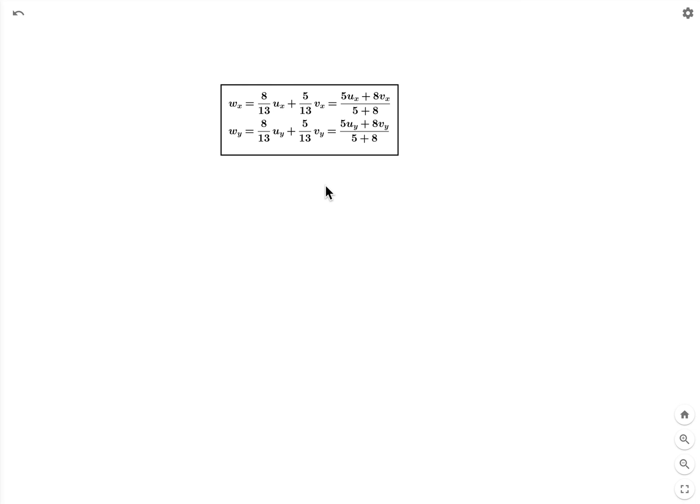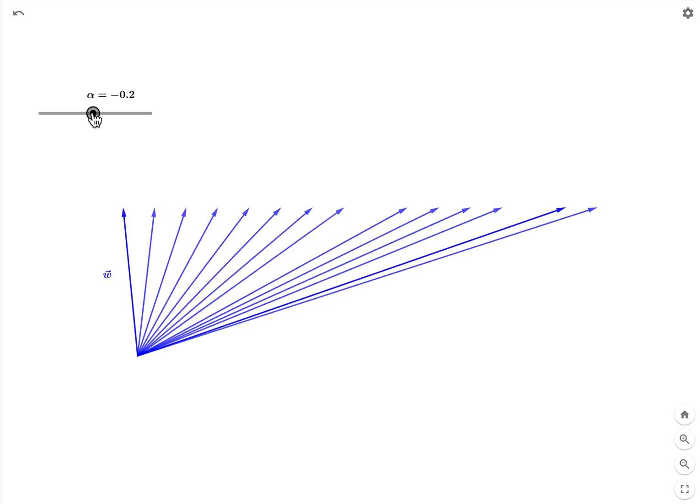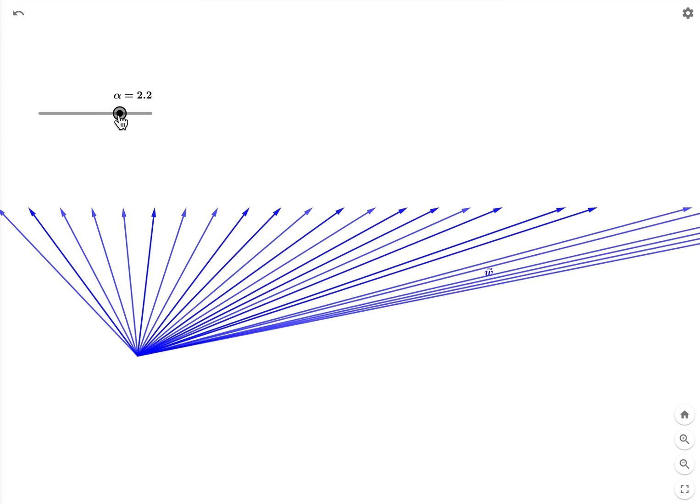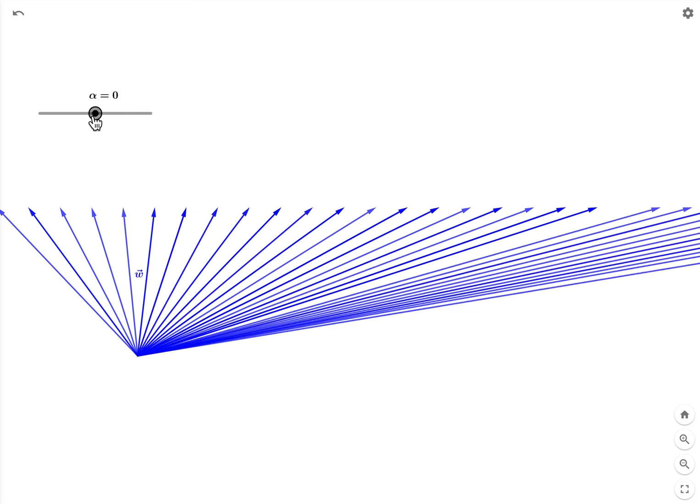Let me show you how you can use this idea to simulate the vector W. When we change the alpha, we can get many vectors.